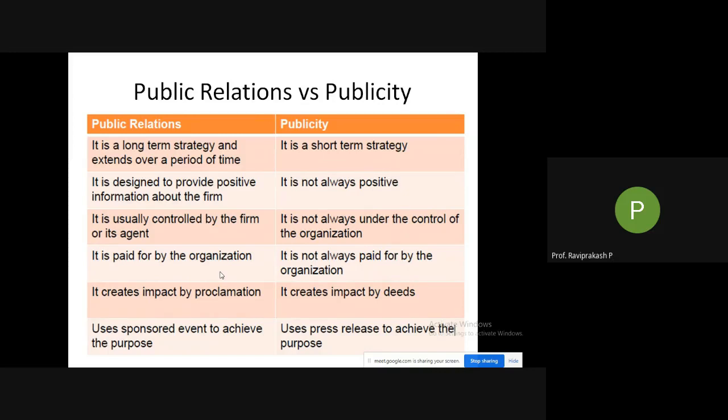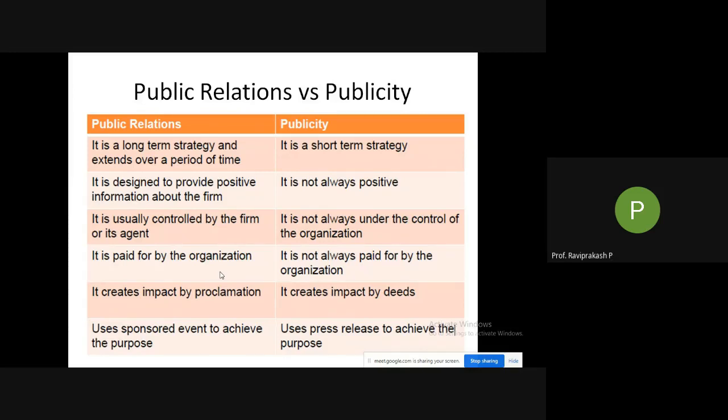And it uses sponsored events to achieve the purpose. Here, sponsoring and all other stuff happens in public relations. In publicity, there is only a press release. The press people are not paid anything. But in sponsored events, the company is paying some amount for the sponsorship of an event, or of some items, or some equipment or something like that.